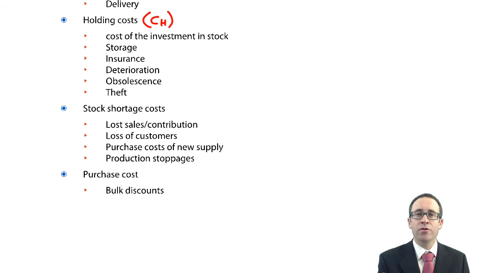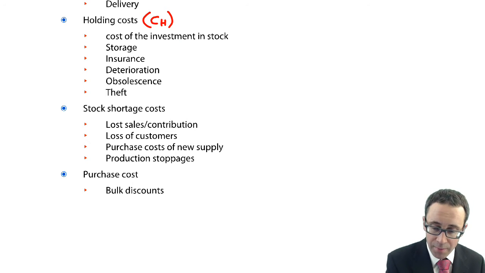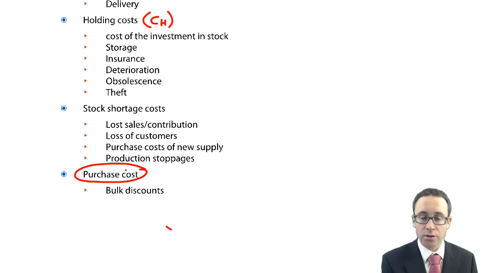So what we need to consider essentially is that we need to try and calculate what's the optimum number of goods that we should buy on every single order. And to do that, we need to consider the total cost. So when we're thinking about your total cost, we're going to think about your purchase cost.